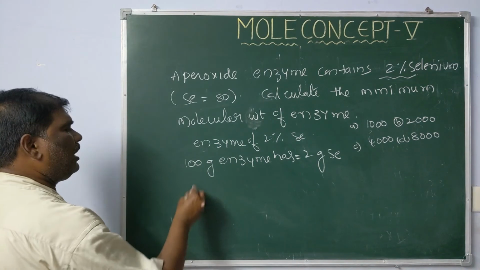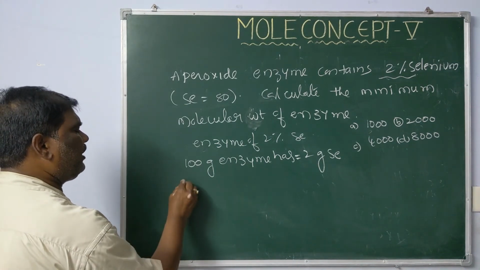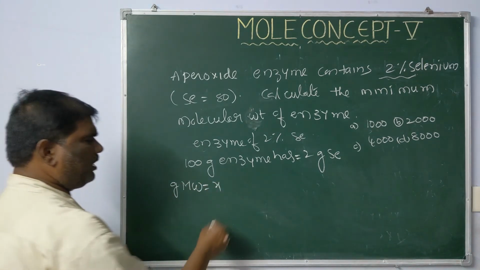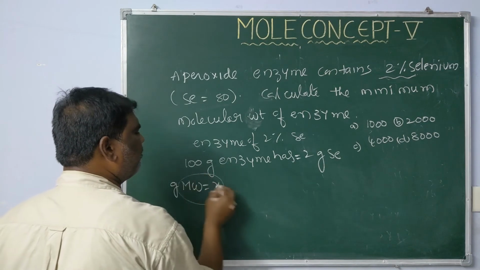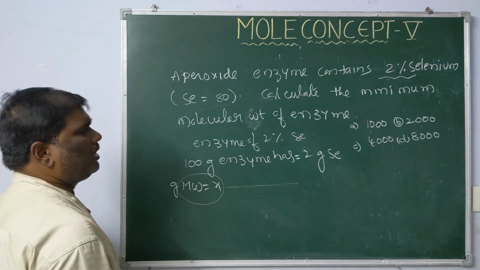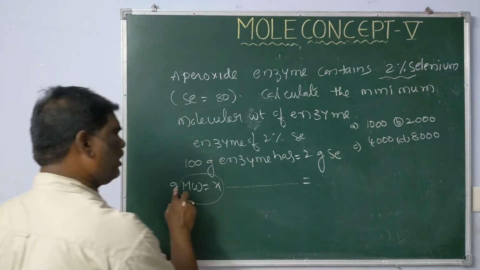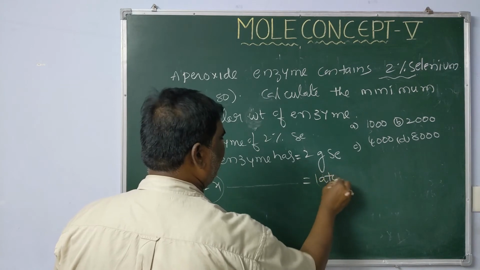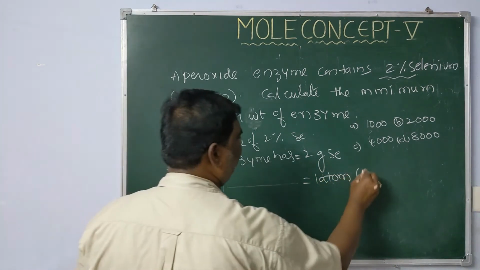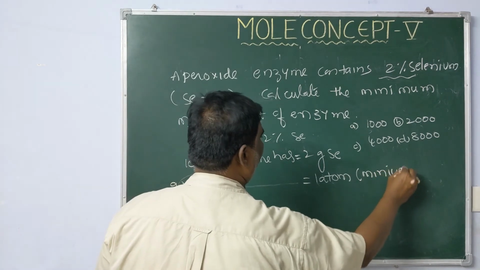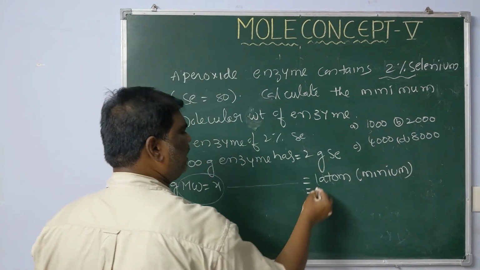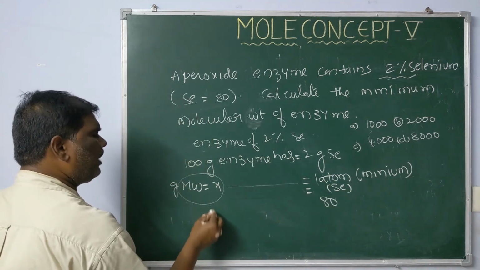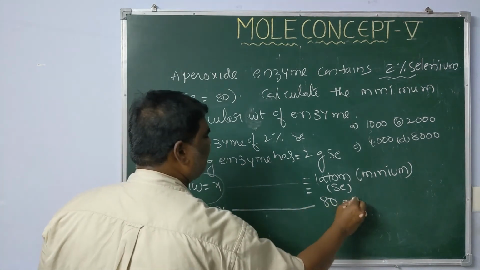Now let us suppose the molecular weight is X. The gram molecular weight of the substance contains a minimum of 1 atom of selenium. One selenium atom is 80, so the molecular weight should contain 80 grams of selenium.